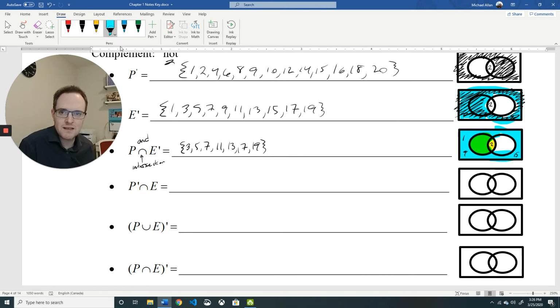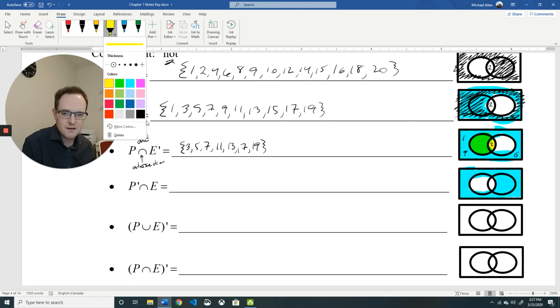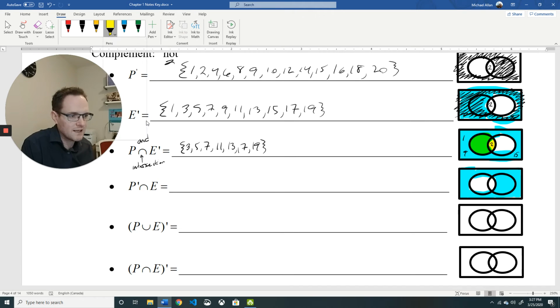Now you can do the same thing with the next one here. What's not prime? Not prime is all of this area, everything outside the prime circle. That includes the part of the even circle there. And even. So I'm going to highlight my even circle. You notice that what they have in common turned green there.